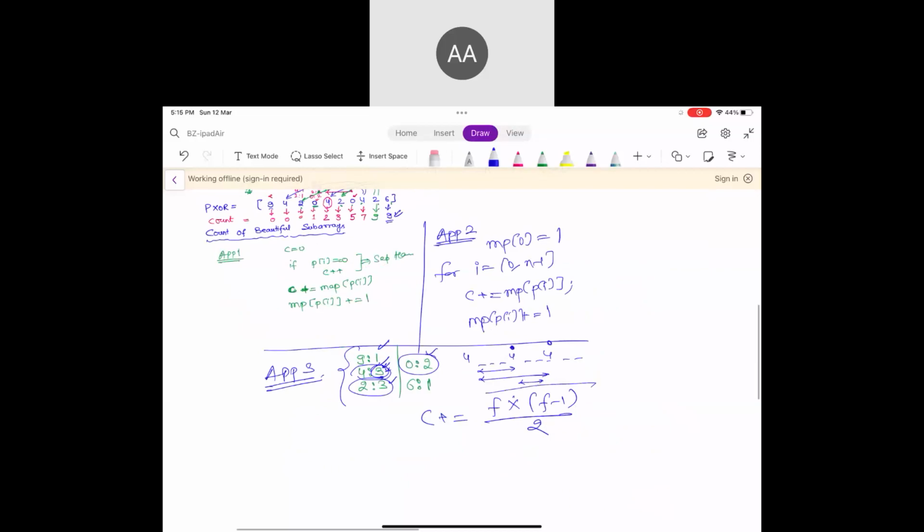Sir, here also we'll have to make one correction. 0 should be 3 then. Okay, yes, that is right. Otherwise zero will have to be added again. Yeah, or for 0, we can do f into f plus 1 by 2. Yes, but that is a better idea: initialize 0 as 1 and then utilize this directly.